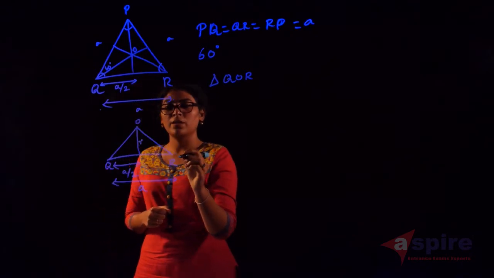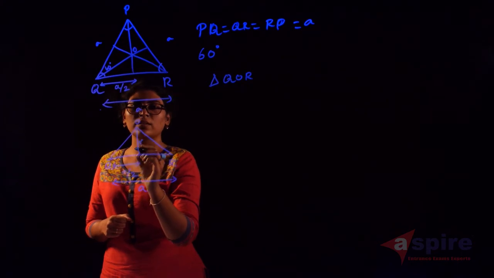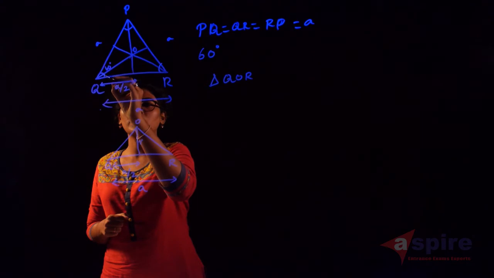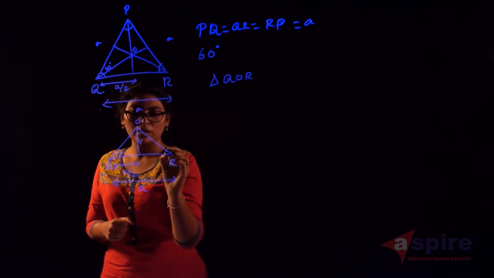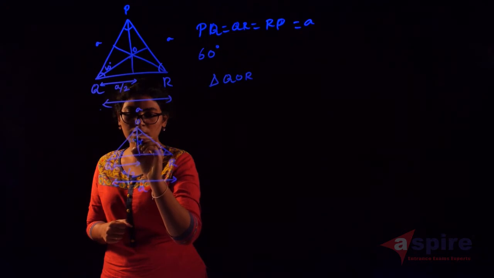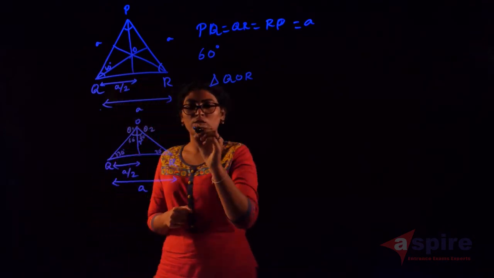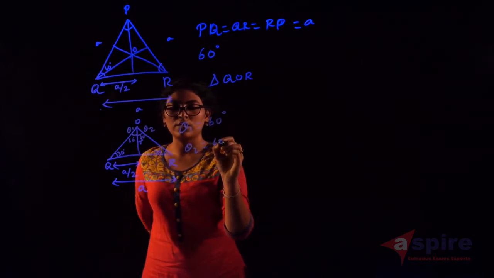So in this case, let us split this into one right angle triangle, and before that this is 60 degree, so half of this will be 30 degree. So if this is 30, here this degree will be 60 and this will be 60, and I am just considering this as theta 1 and theta 2. So my theta 1 is also 60 degree and theta 2 is also 60 degree.